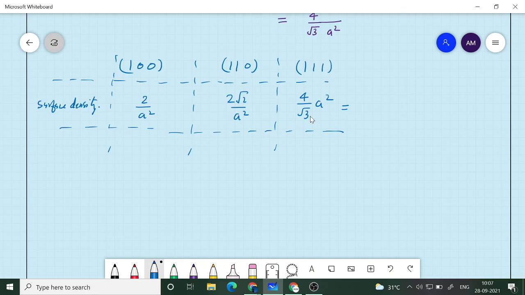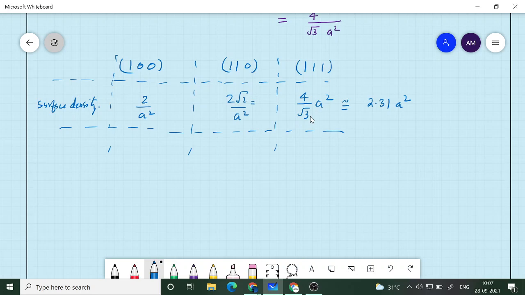4 divided by 1.73 will come as approximately 2.31 by a square.